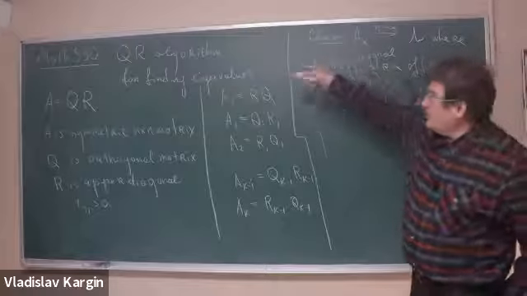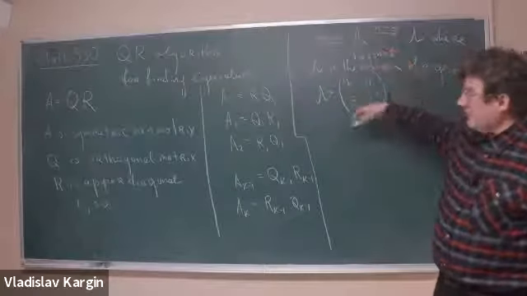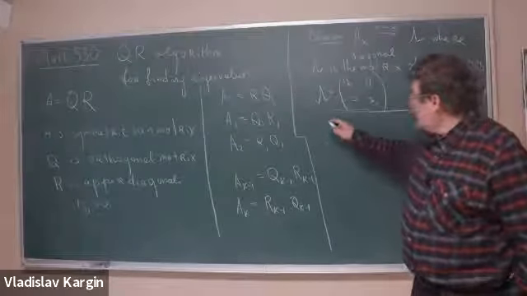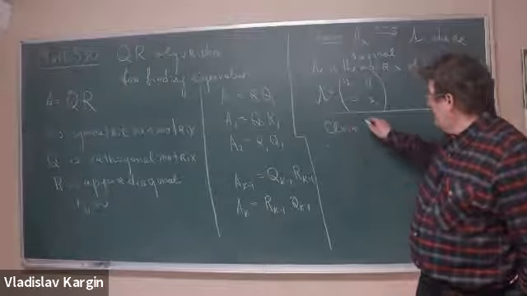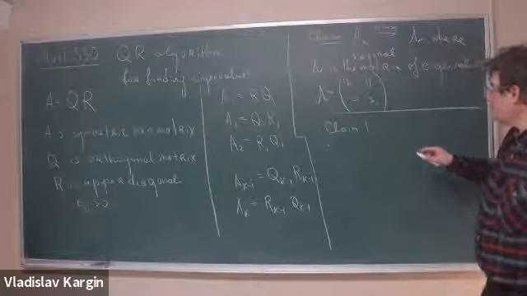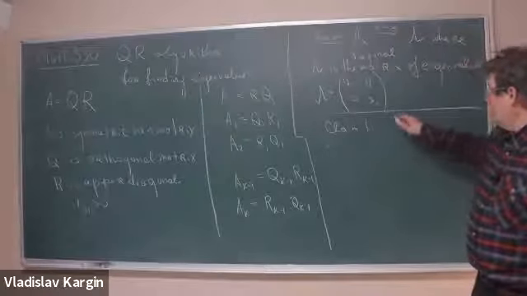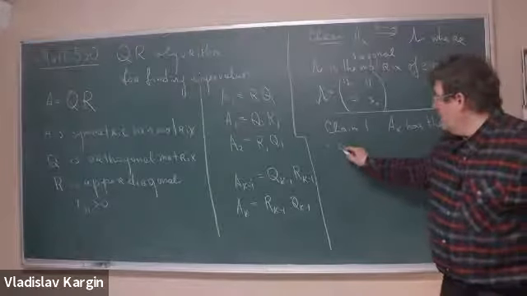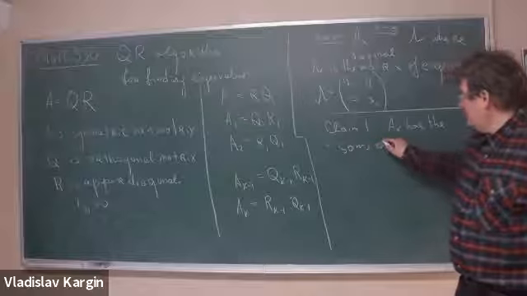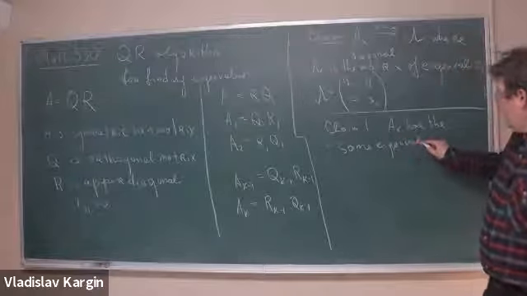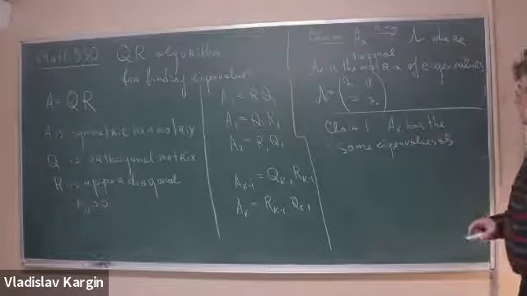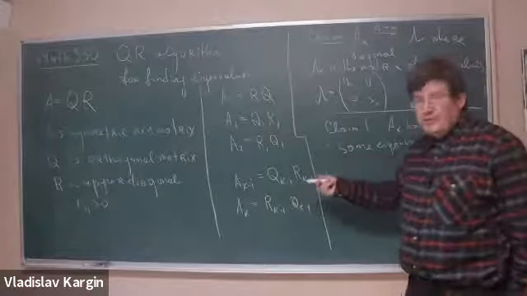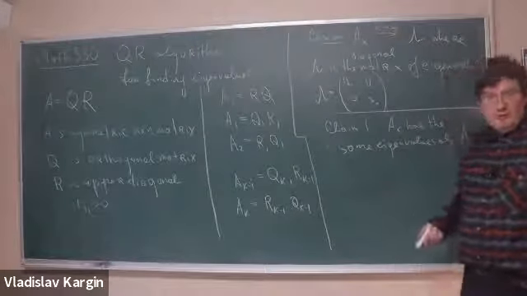But we just look at this specific example and want to figure out why this is true. And so the first step is claim one: A K has the same eigenvalues as A. So when we do this transformation, we always get a matrix with the same eigenvalues.